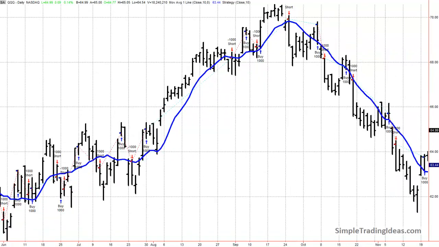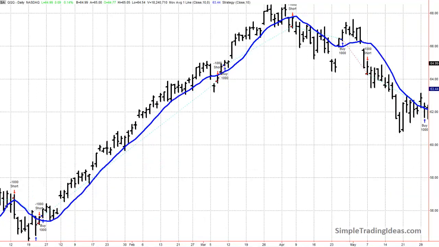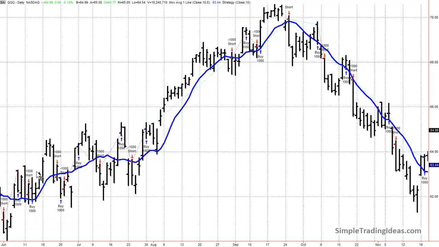Okay, so we'll move forward a little bit, and you can see things get a little trickier. You see the number of trades increasing, right? So we're back here. Just one trade there, a few trades there, and that's the way it should look when the market's trending. And here you see the market is basically going sideways, and when the market is moving sideways, it is known as congestion or consolidation or stagnancy or trendlessness, or any of the other number of terms used to describe a market that is essentially just oscillating back and forth.